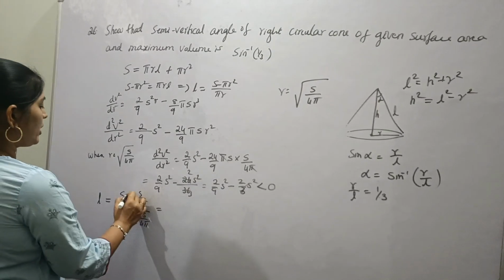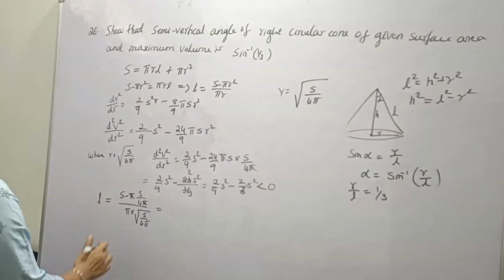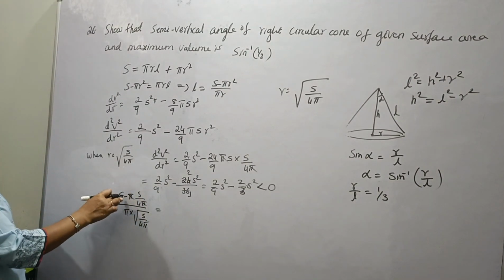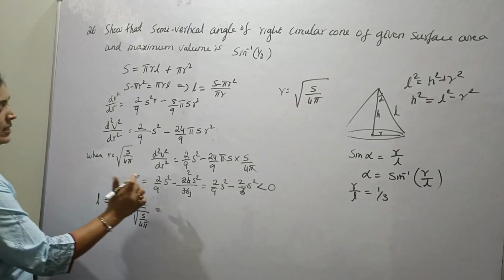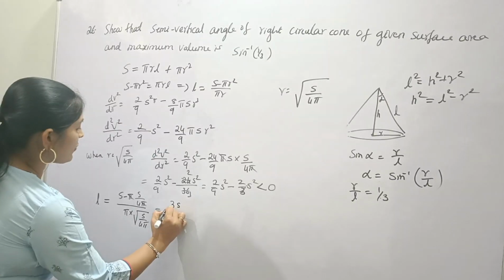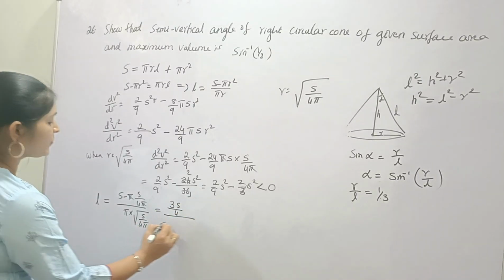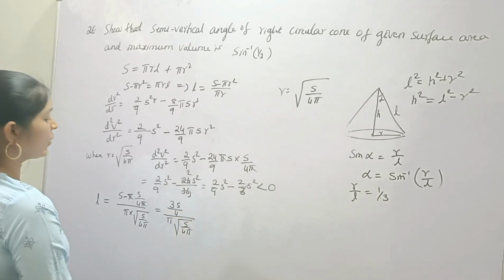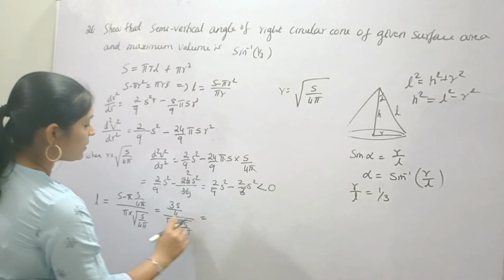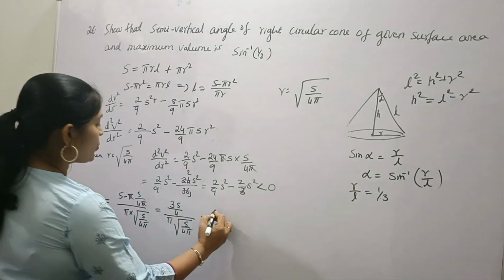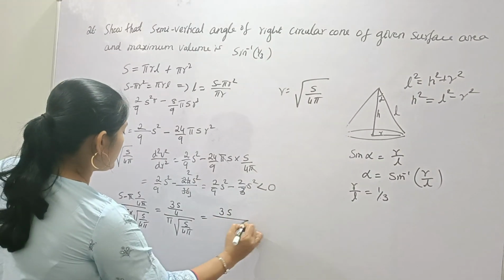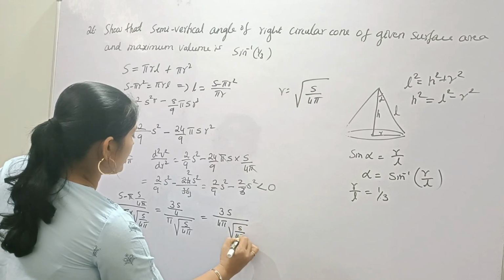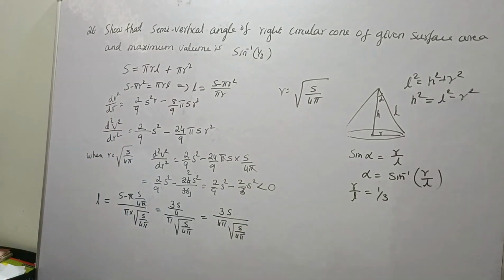Here pi cancelled. So 4s, cross multiply, 4 into s is 4s, 4s minus s is 3s, 3s divided by 4 divided by here pi into root of s by 4 pi. Take 4 here, so it will be 3s divided by 4 pi root of s divided by 4 pi. Then it is l.